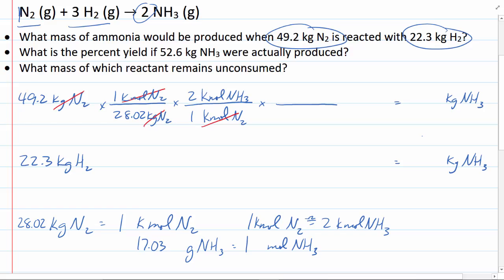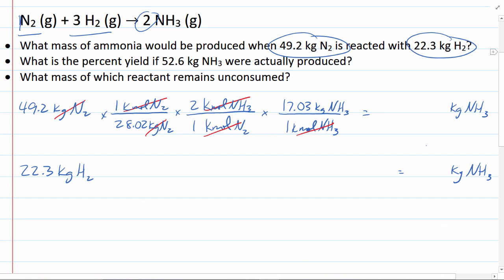And if we have 17.03 grams in 1 mole, that's the same as saying we have 17.03 kilograms in every 1 kilomole. We can then substitute that into the problem. We'd put the 1 kilomole of NH3 down below. We'd put the 17.03 kilograms of NH3 up above. Units cancel out.